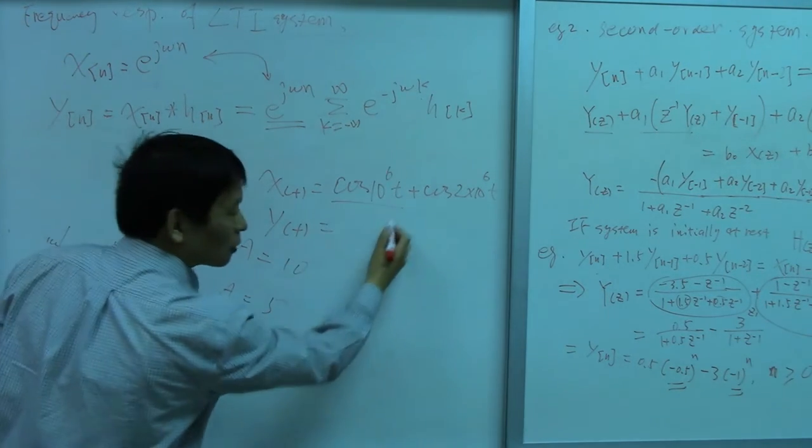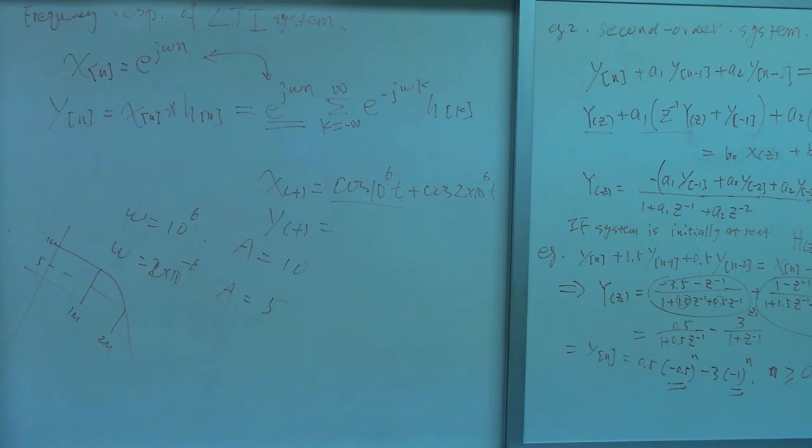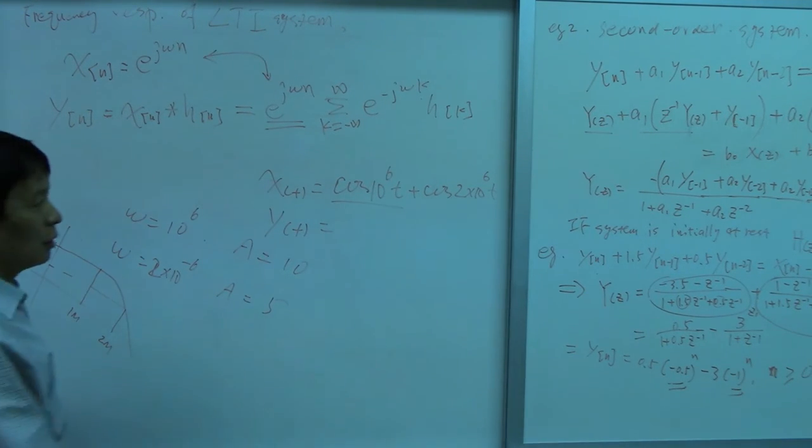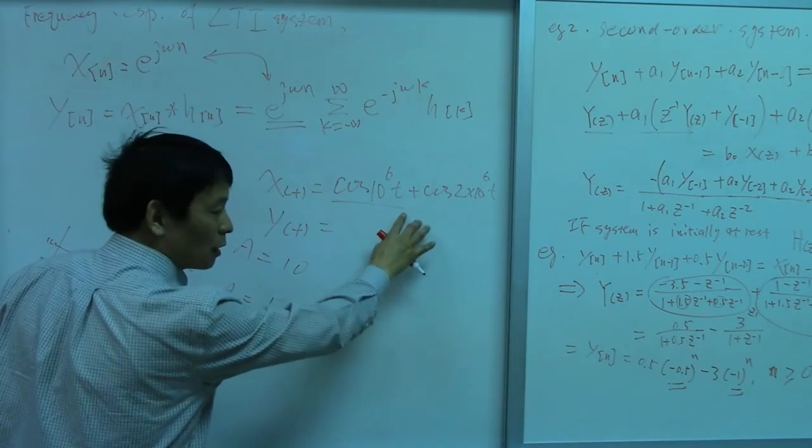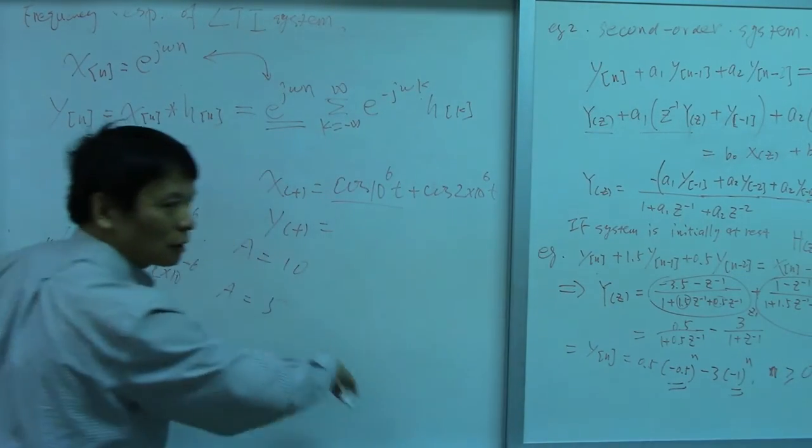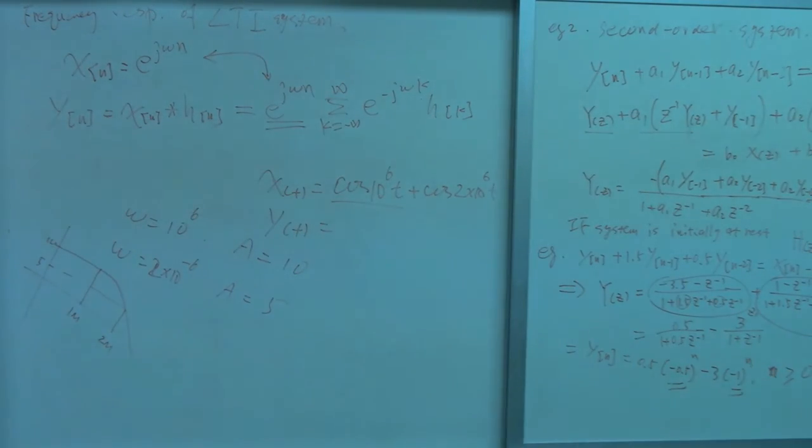This signal, again, we use the linear property, because this is a linear system. So we can calculate the response to this and the response to this, then add them up together. What technique did we use before in circuit analysis?